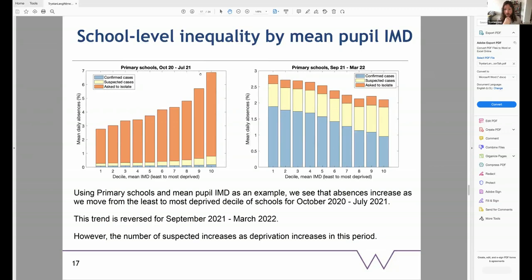The second thing to note is that looking at the confirmed cases, this trend of decreasing cases as we increase deprivation is clearly apparent. But a third thing that I thought was interesting is that if we focus on the yellow sections, we actually see that these still increase with deprivation. What does this suggest?